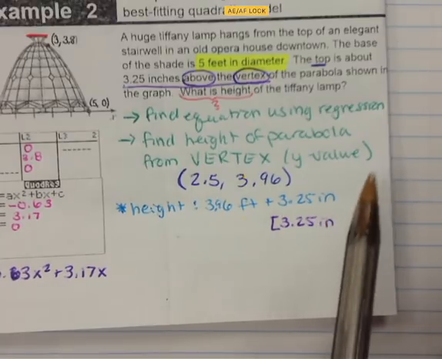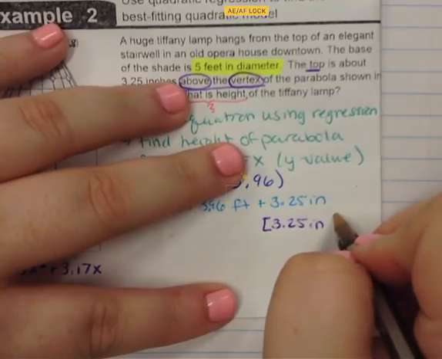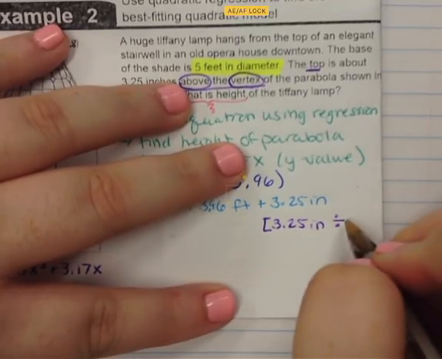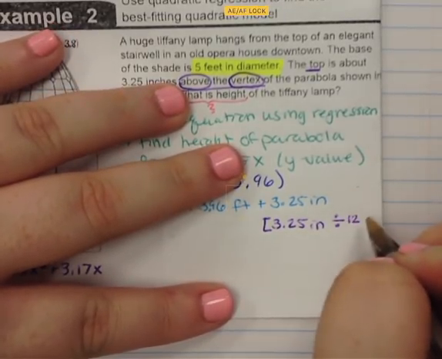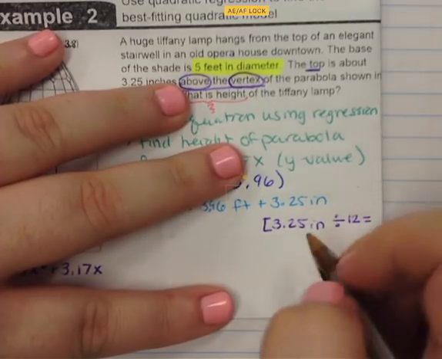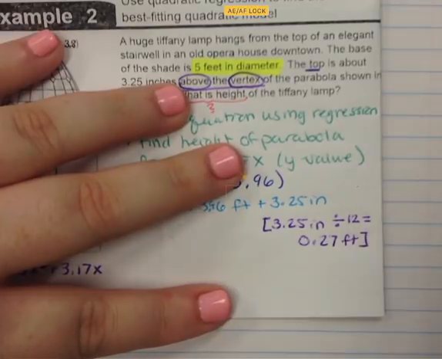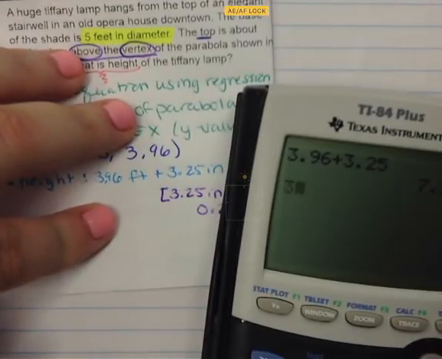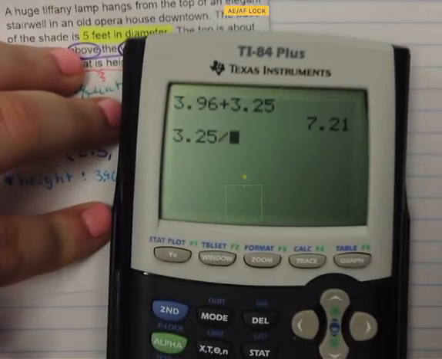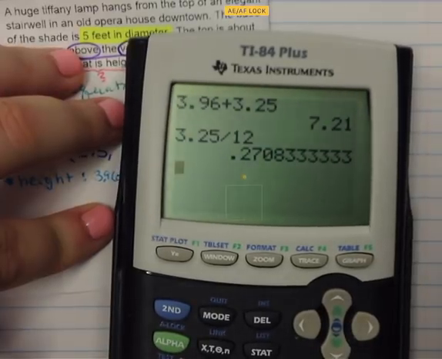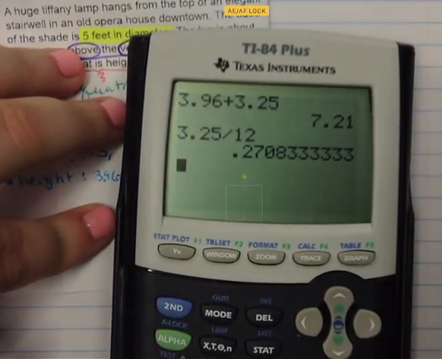We'll actually divide, because we want our number to get smaller. And there are 12 inches in a foot, so we divide by 12. And that'll give us 27 hundredths feet. So 3 1/4 divided by 12 gives us roughly 27 hundredths feet.